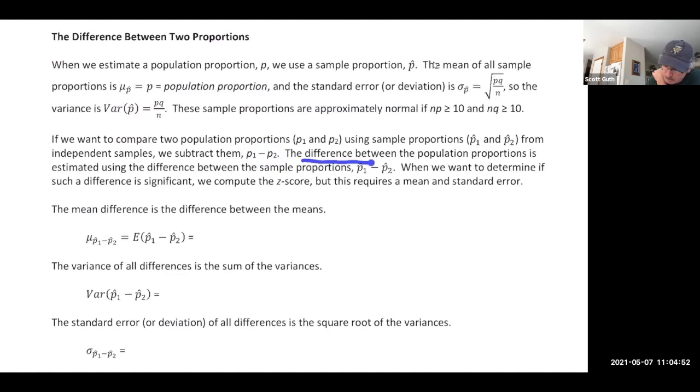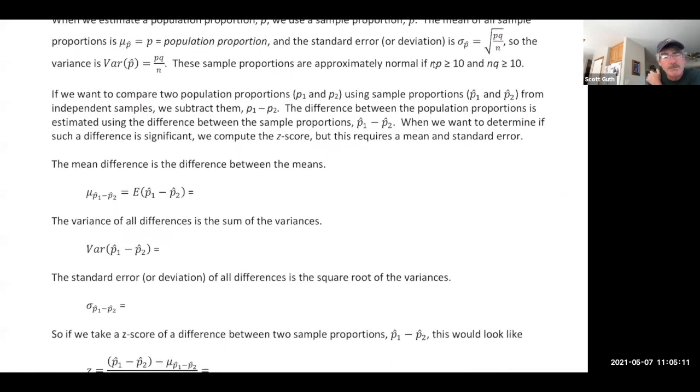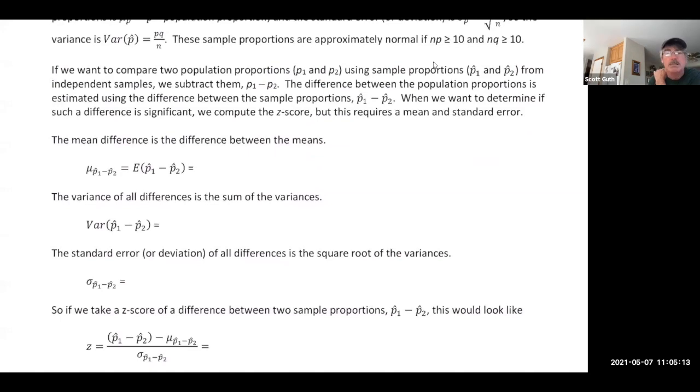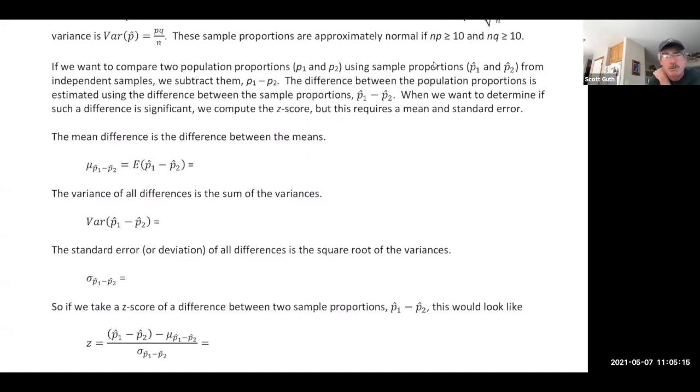The difference between the population proportions is estimated using the difference between sample proportions, P hat 1 minus P hat 2. When we want to determine if such a difference is significant, we need to compute a z-score, but this requires a mean and a standard error. Okay, and we know lots of things about means and variances, and that's how we'll get at it.